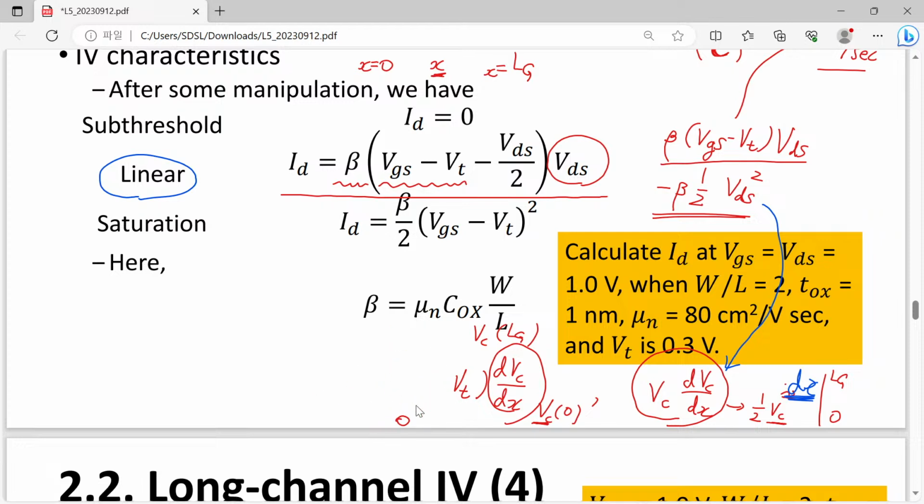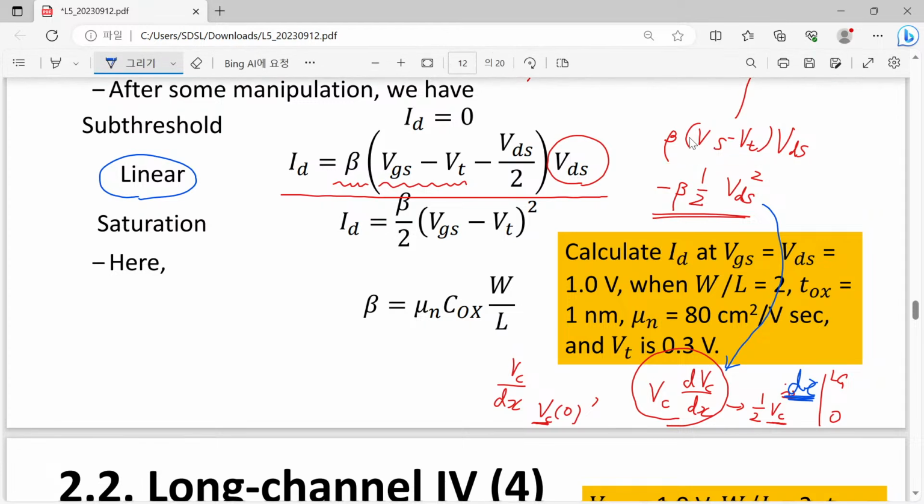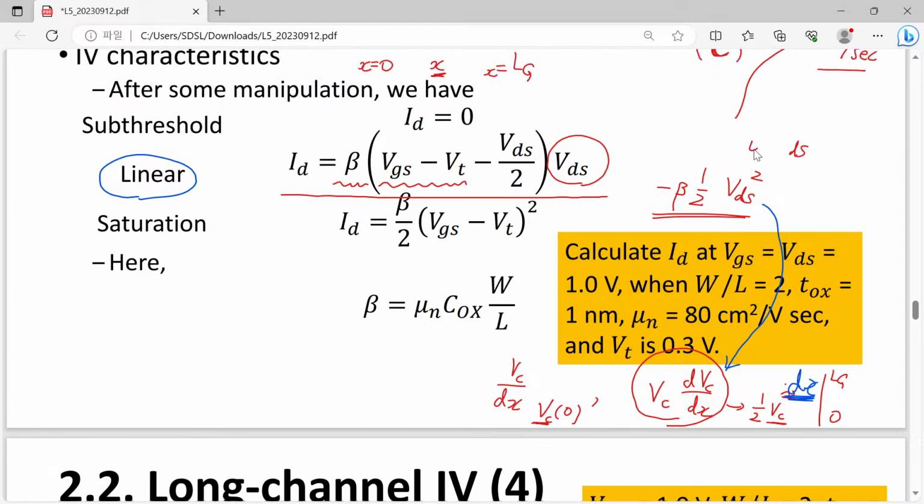Anyway, you have this form, and now let's go to higher and higher drain voltage. Here you have two competing terms, a linear term and a quadratic term.